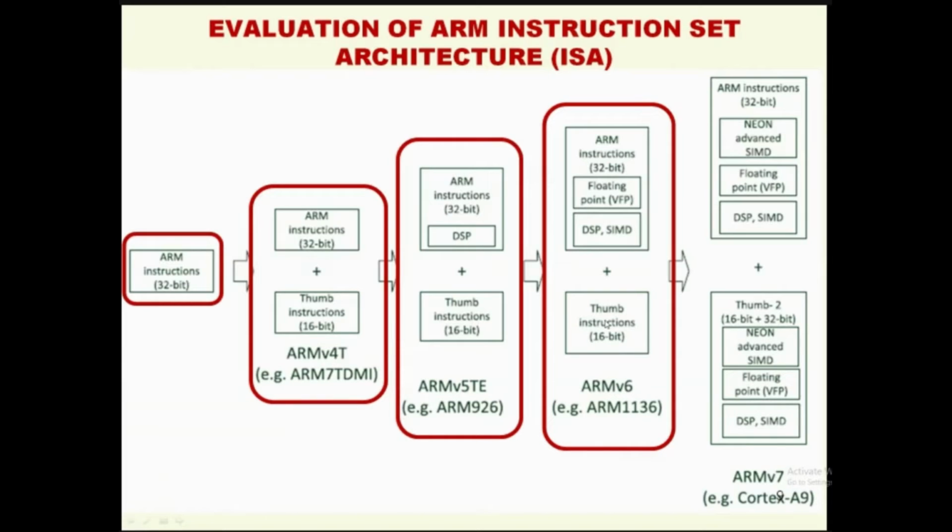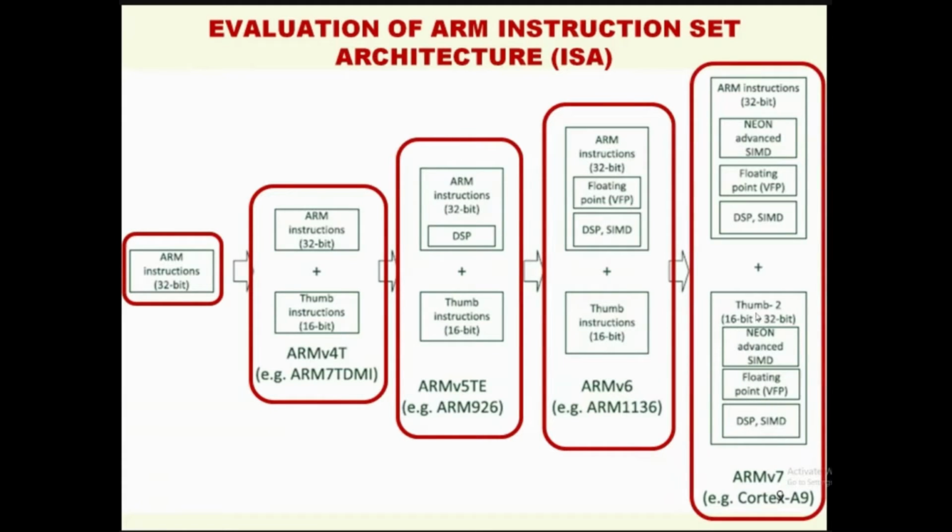And in the Cortex series, Thumb is merged with ARM instructions, so there is no separation, which is called Thumb-2. All the Cortex-M series use Thumb-2 instructions, which is different from ARM7, ARM9 and ARM11, which use 16-bit Thumb instructions. Here it uses Thumb-2 instructions, which can combine 16-bit as well as 32-bit instructions in one state.